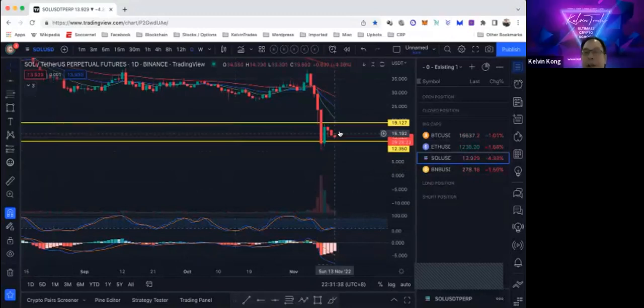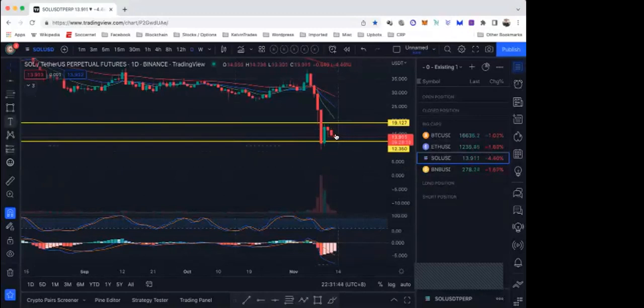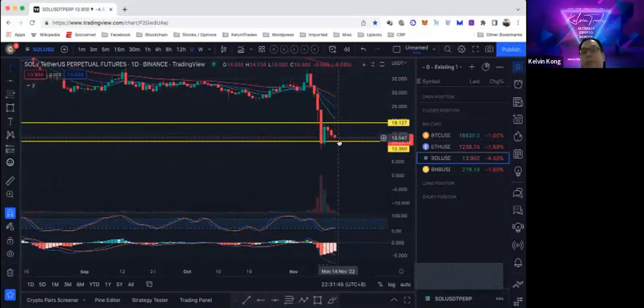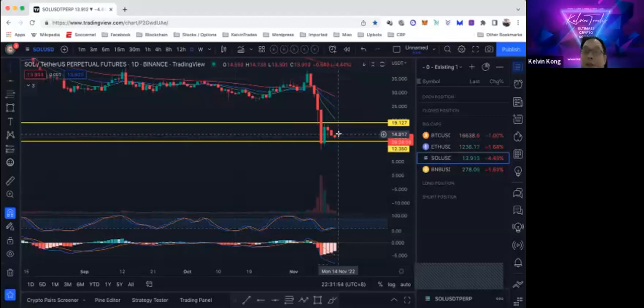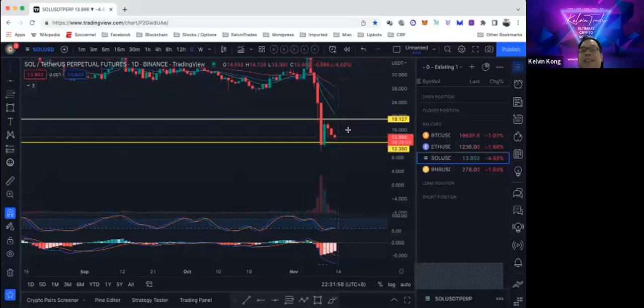That means it comes back up, right? That means it went down and then came back up. Then don't do anything lah. You come back up, well, you want to short? Don't do anything. Go to sleep.